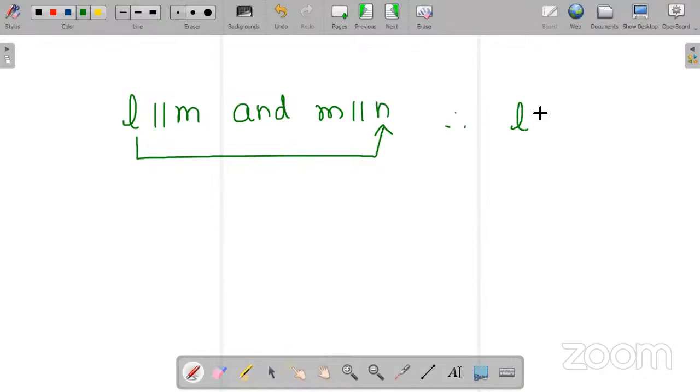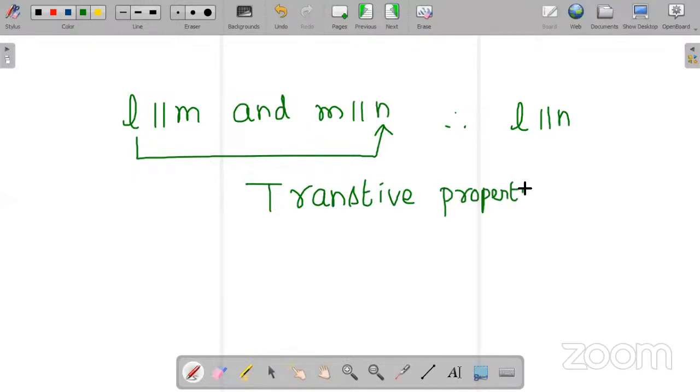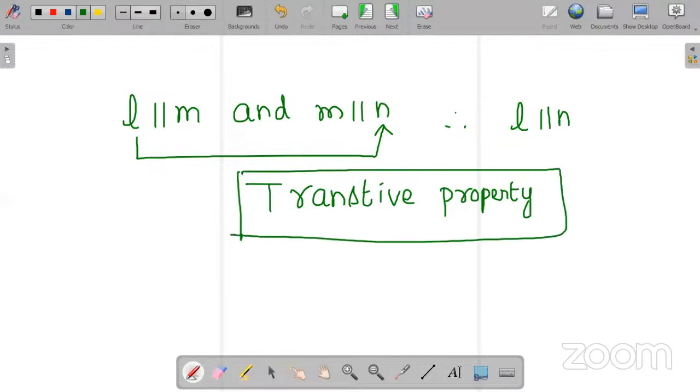Therefore, you can write L parallel to N. This property is called the transitive property. Beautiful property. You are going to study it in higher classes. Don't worry about this transitive property.